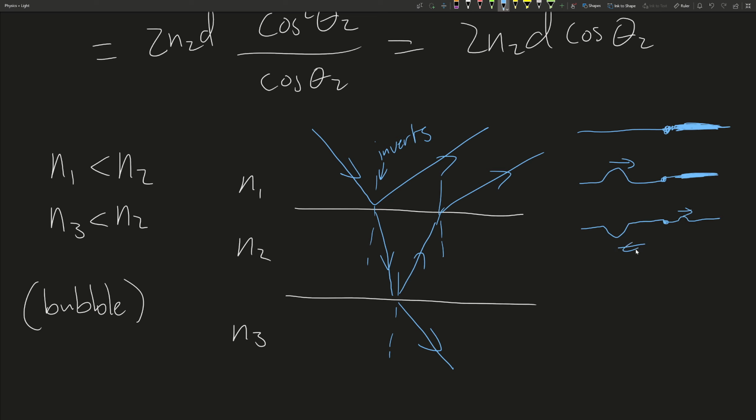So the reflection here will be inverted. So this inverts right here. However, this side does not invert, because it's going from more dense to less dense.